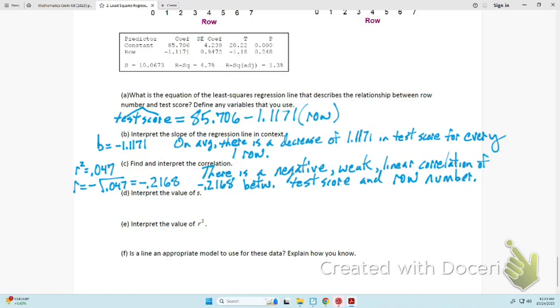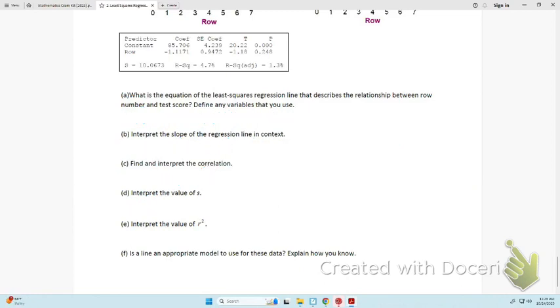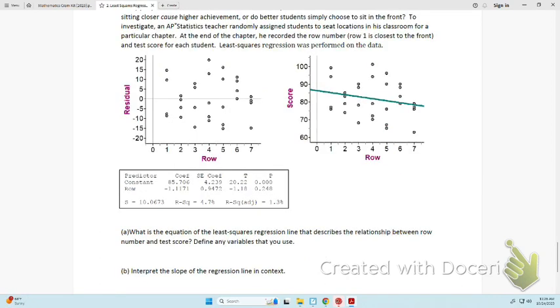S is something brand new. In this problem, it is 10.0673. And that standard deviation is calculated by taking each of the residuals in this graph on the left, and in a way, averaging them. So there's more involved in that.